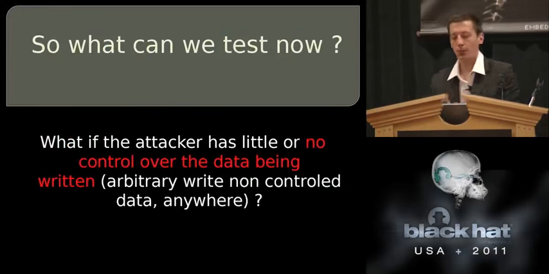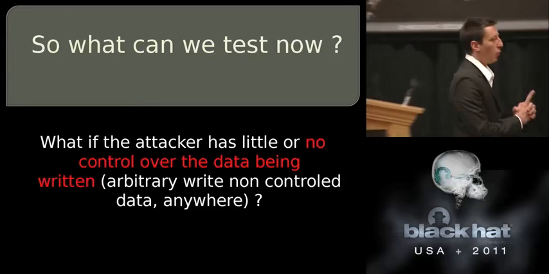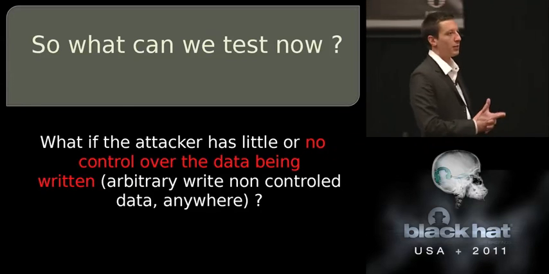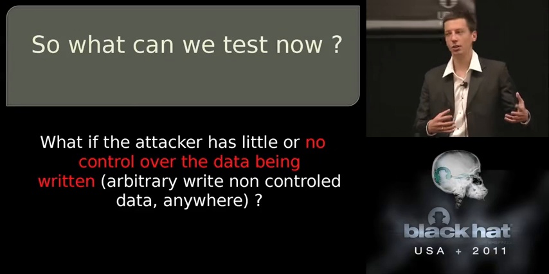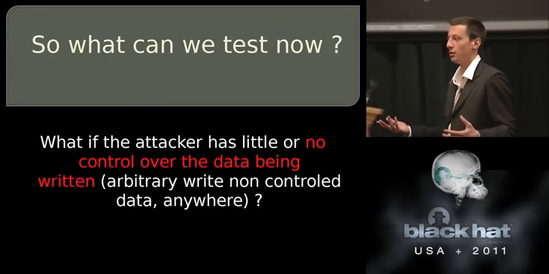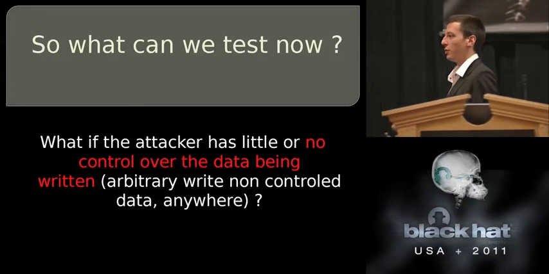Okay, no. Invalid memory writes are not always like that. You don't always control both the destination you're writing to and the content you're writing. Sometimes you don't have that much control.